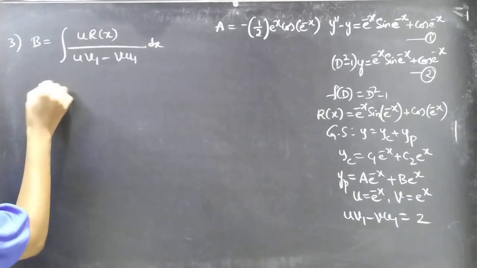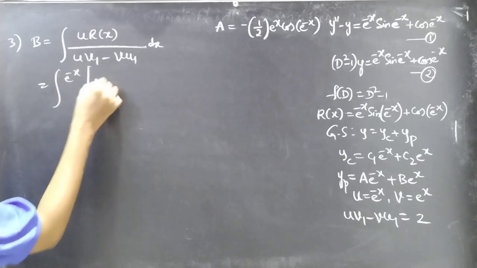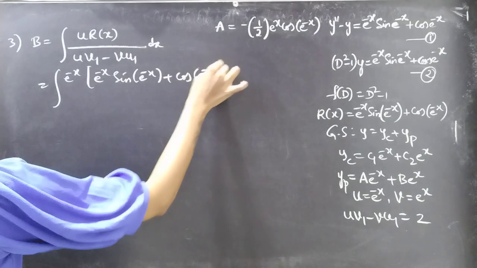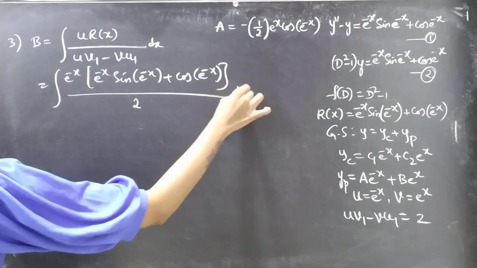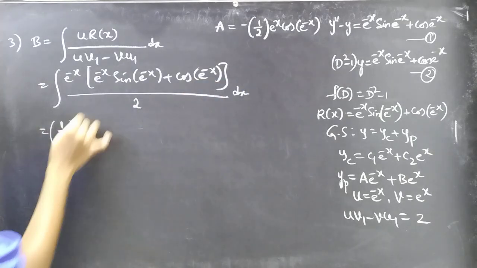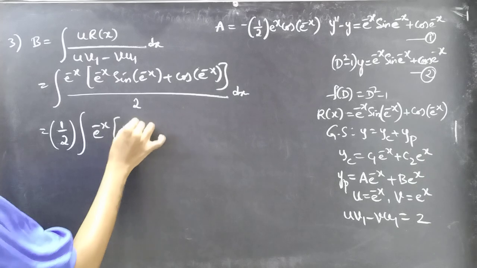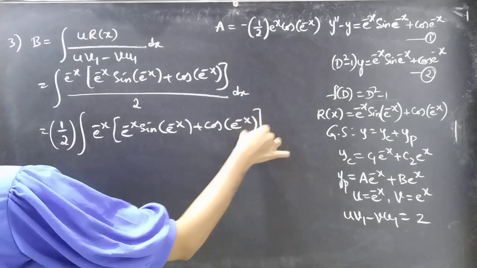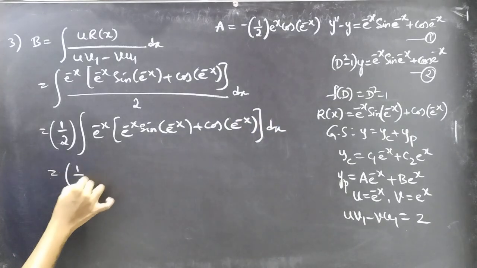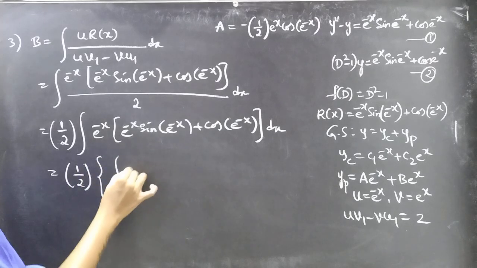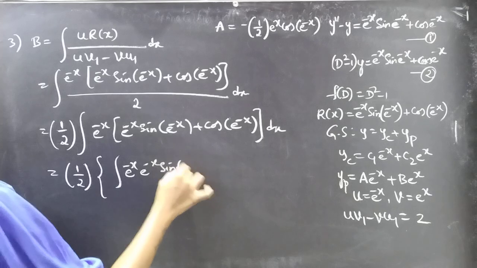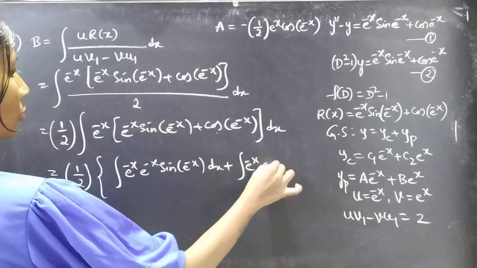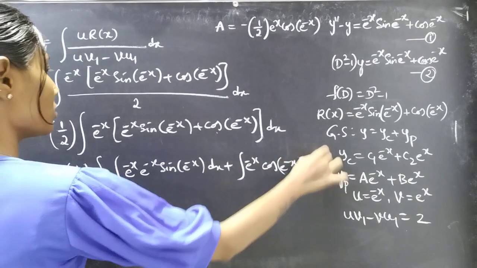This is equal to the integral of u e power minus x into r of x, e power minus x sine e power minus x plus cos e power minus x, by u v1 minus v1 which is 2, into dx, which equals 1 by 2 integral e power minus x into e power minus x sine e power minus x plus cos e power minus x into dx, or we can write this as the integral of e power minus x sine e power minus x dx plus the integral of e power minus x cos e power minus x into dx, right?